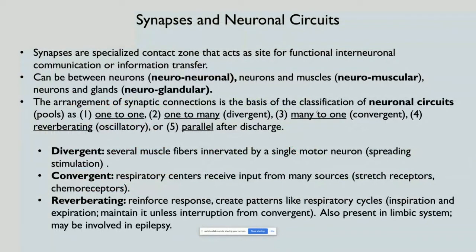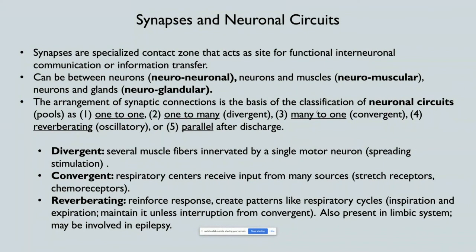So the last topic that we are going to touch today is the neuronal circuits. We were talking about the synapses: contact zones between cells, between cells and effectors. It's a great structure that permits communication, information transfer, signal transmission, control, regulation, homeostasis.